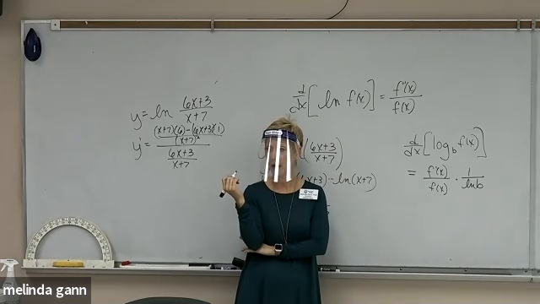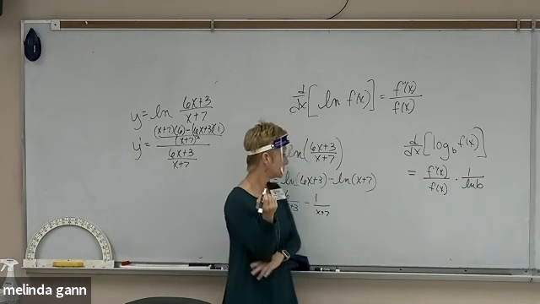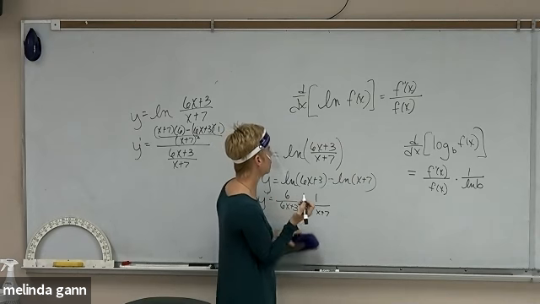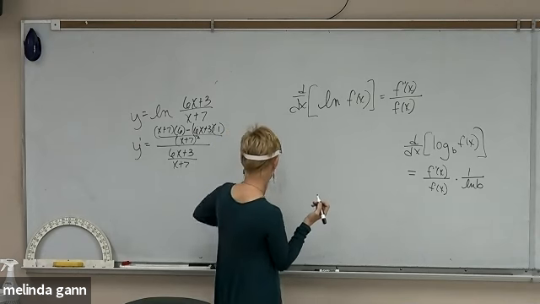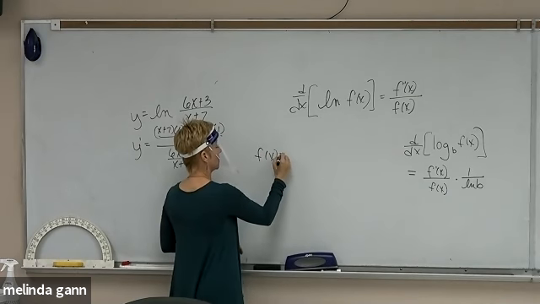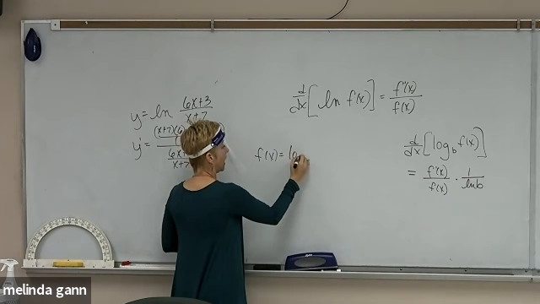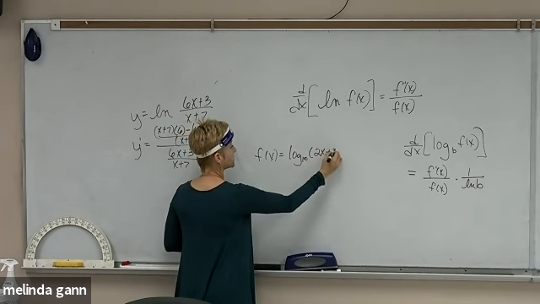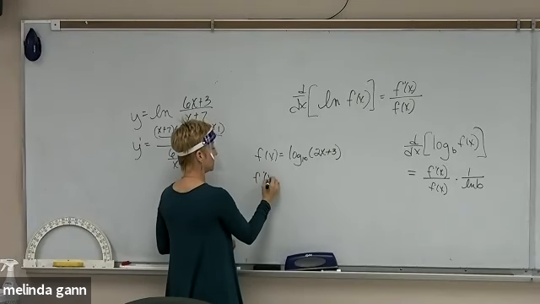That's your one extra step. So what if I had this? What if your function was log base 10 of 2x plus 3, and I told you to take the derivative?